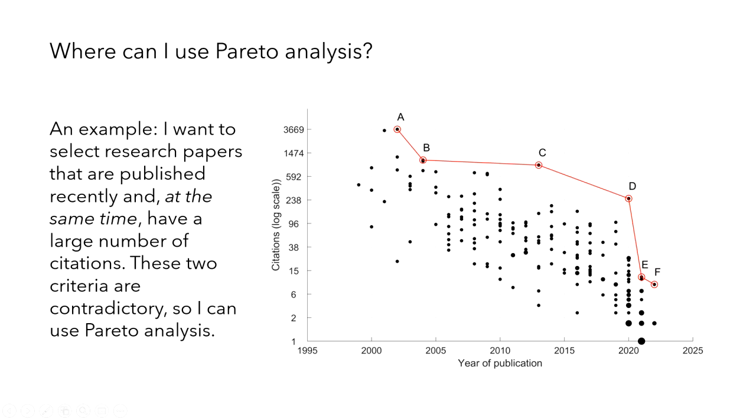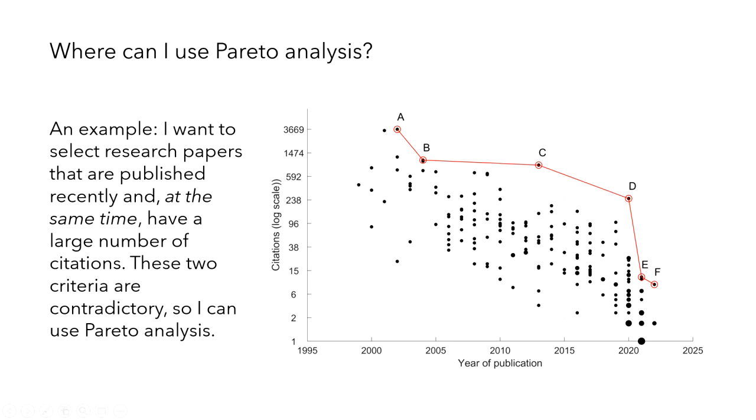Where can I use Pareto analysis? Suppose that I want to learn a new scientific discipline. I'm pretty new to that, so I want to know where to start, which papers to read. There are so many papers these days that I can drown in them. So I want papers that are both pretty new and pretty well cited. But those two criteria are contradictory.